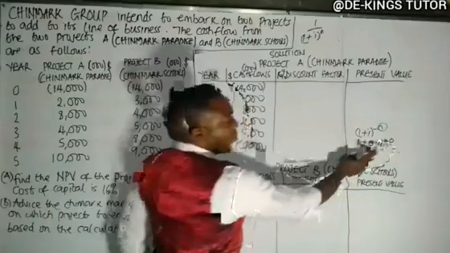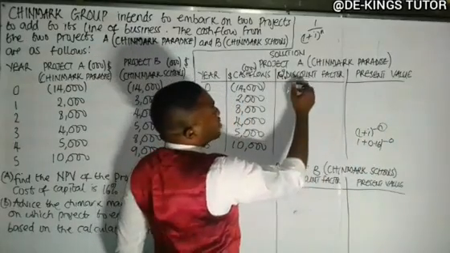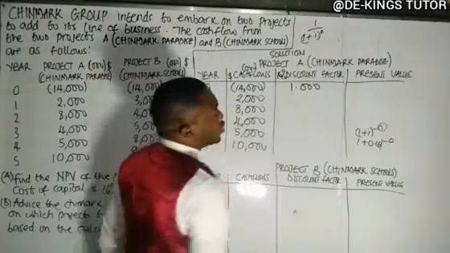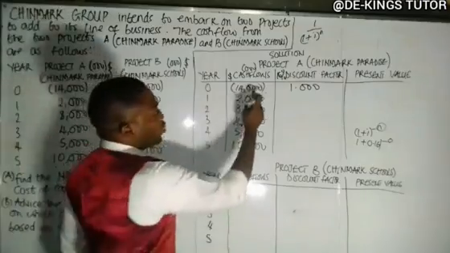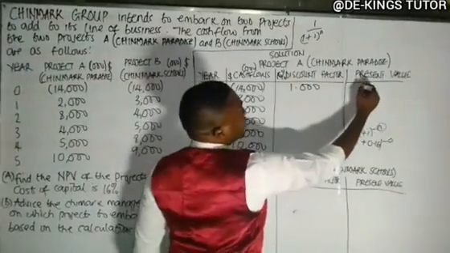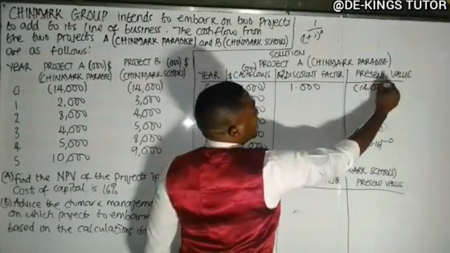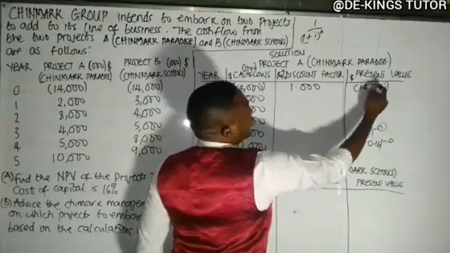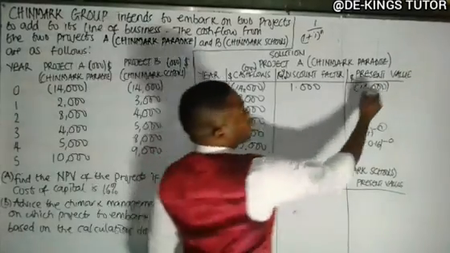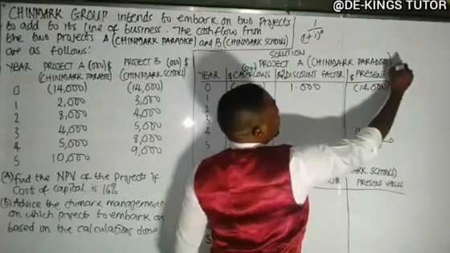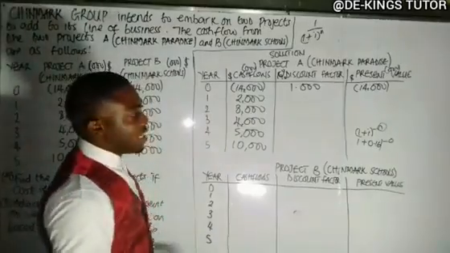Okay, remember any number raised to power 0 is 1. So that is why our discount factor for the first one is always 1. So multiplying this will give us the same thing, $14 million. Remember we have zeros here. Okay, so that's the first part.